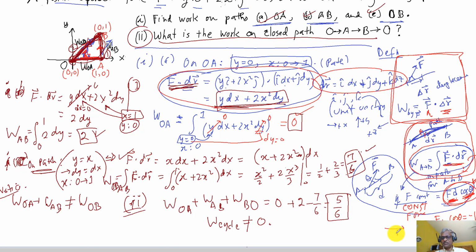If the D is that way and the force is also that way, then cosine theta will be 1. So if you have memorized the formula F D, you've got to know that that's just a special case. In general, it should be F D cosine theta for constant force. If the force is not constant, you've got to do the integral, okay? And you've got to pretty much proceed the way I have done in this exercise.